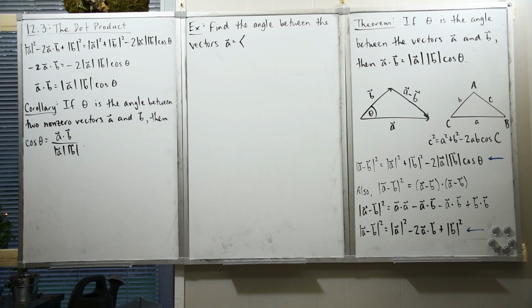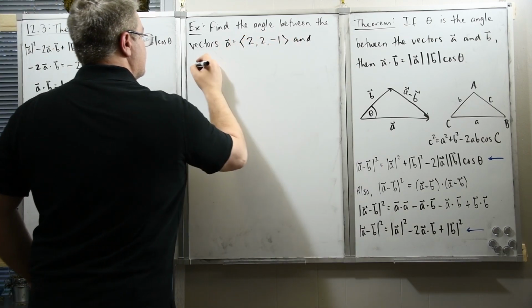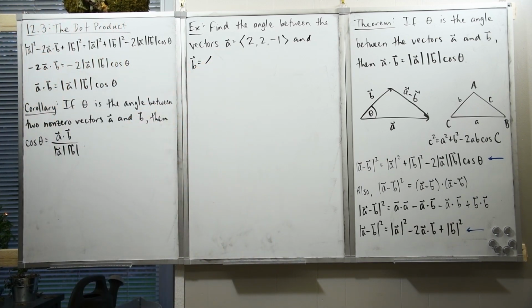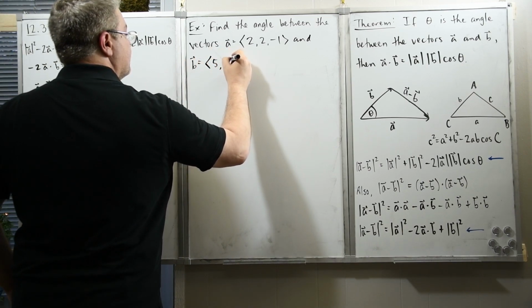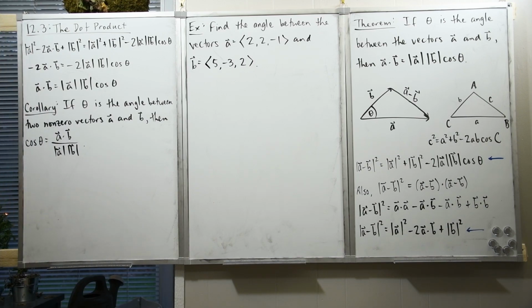In this case, we'll find the angle between the vectors a and b, where a has components 2, 2, and negative 1, and b has components 5, negative 3, and 2. Well, to find the angle between those vectors, we need to know something about the dot product of a and b, and we also need to know something about the magnitudes of these two vectors.